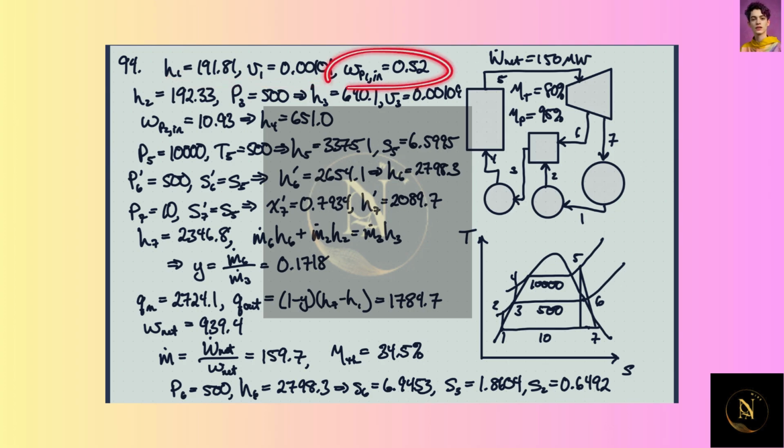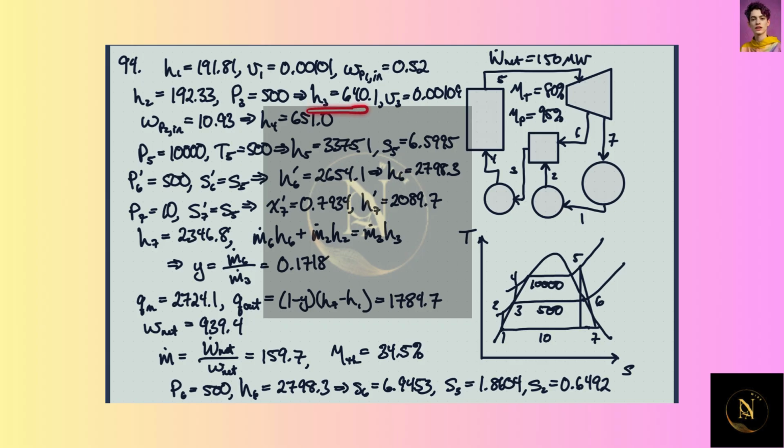We can get the work input to the pump then. And again, remember to use the efficiency to get this value. Then we can get the enthalpy at 2 out of the pump. At 3, we have a pressure of 500 kilopascals. And we know that we also have a saturated liquid there. Okay, so coming in here, this is all at 500 kilopascals.